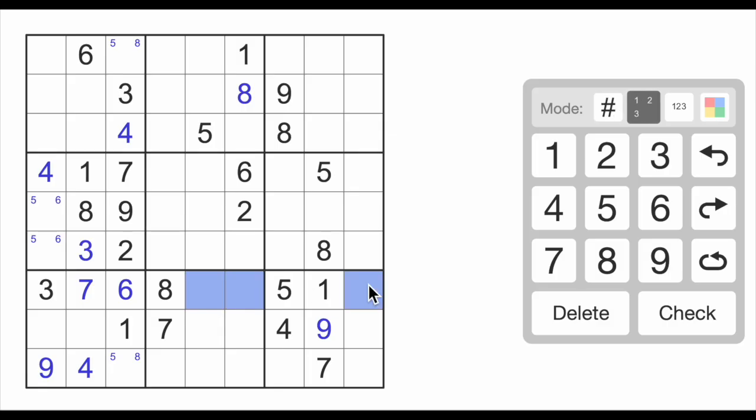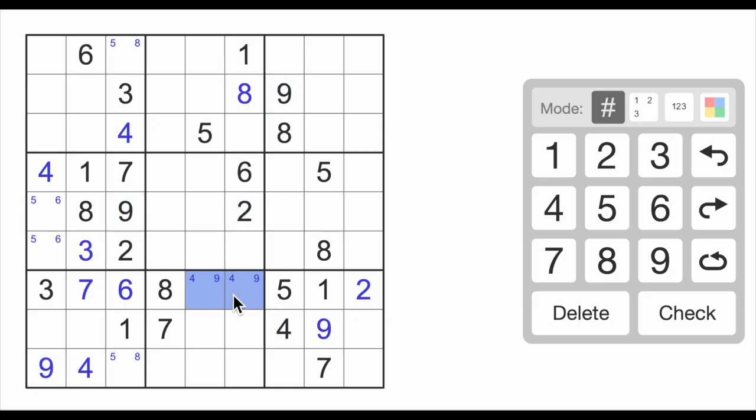Now looking at row 7, which is missing 2, 4, 9, but this cell is blocked by 4 and 9 here. So this will be 2.